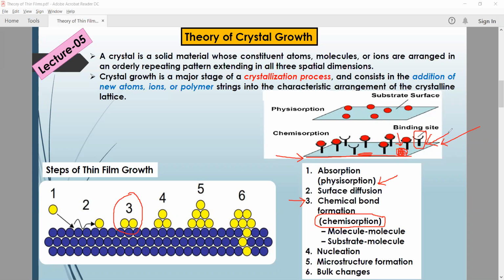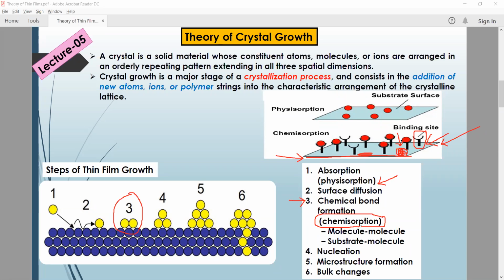Due to that reason, we can say that this is the irreversible process, or we can say that it is a monolayer adsorption at active surface site.